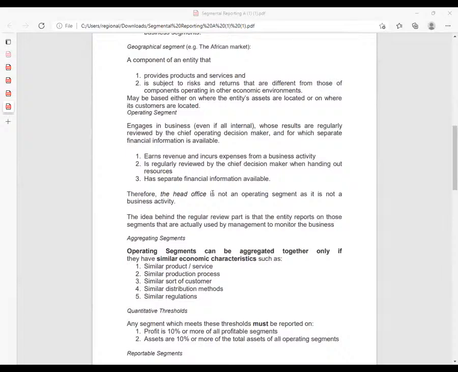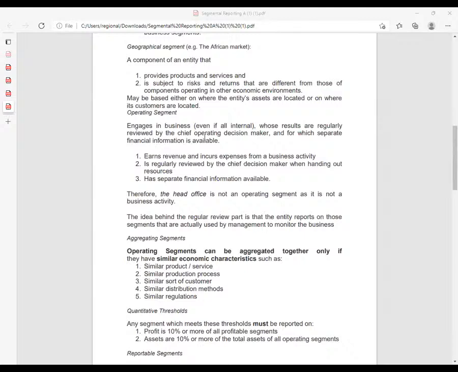when we talk of this concept of an operating segment, operating from the word operations, it engages in business, even if all are internal, whose results are regularly reviewed by the chief operating decision maker, like the CEO or the board of directors, and for which separate financial information is available. So these are segments that will be engaging in their own kind of business, whose results are regularly reviewed by the chief operating decision maker.